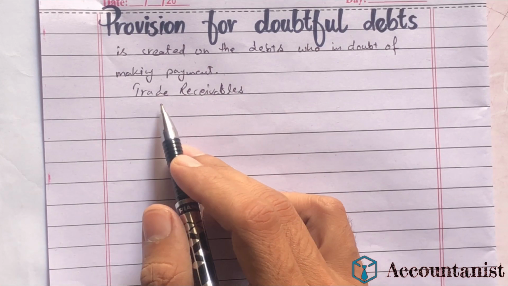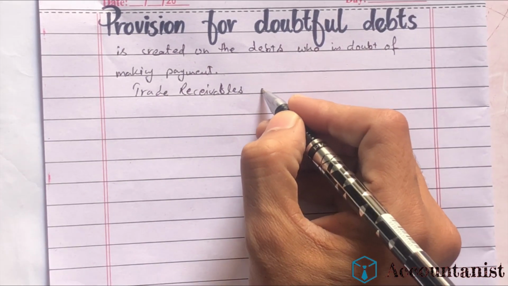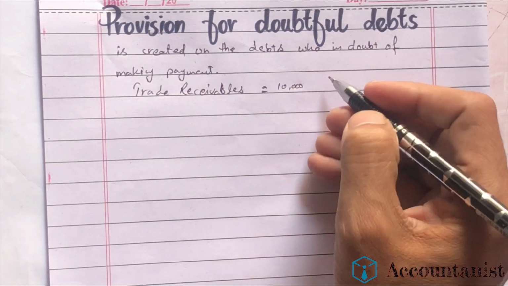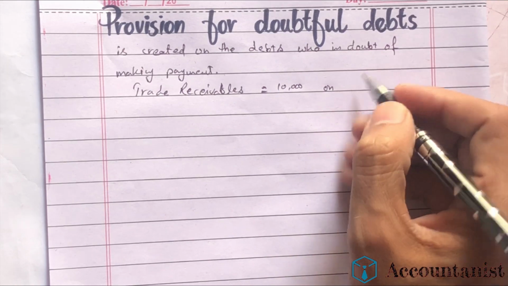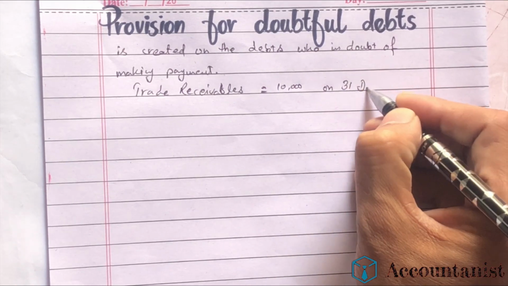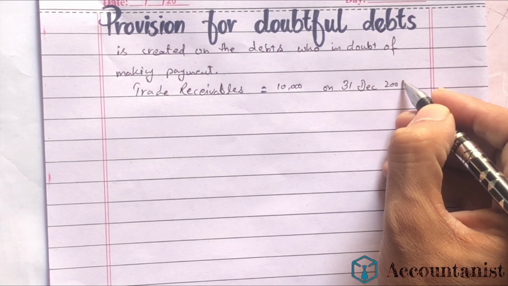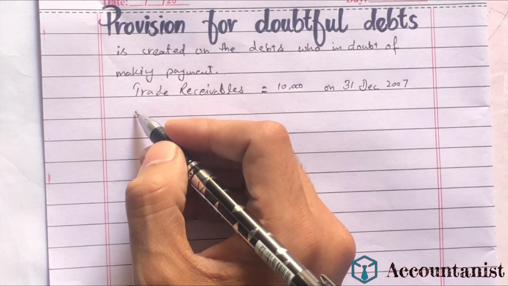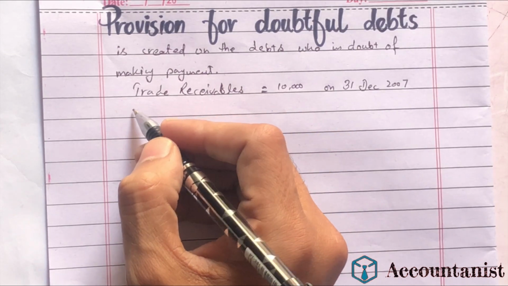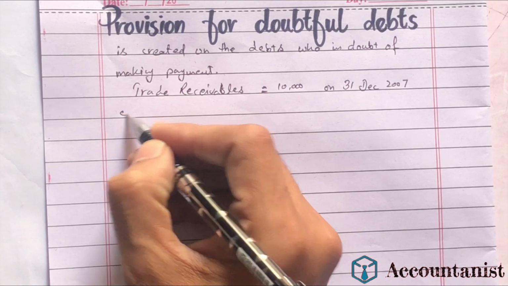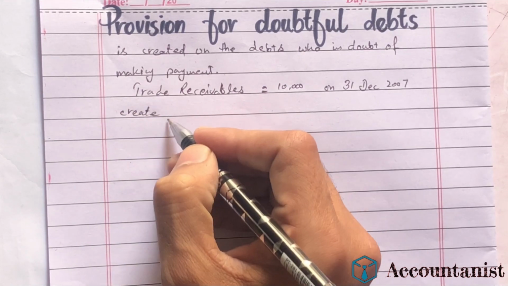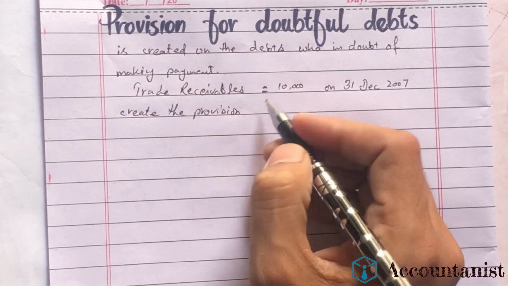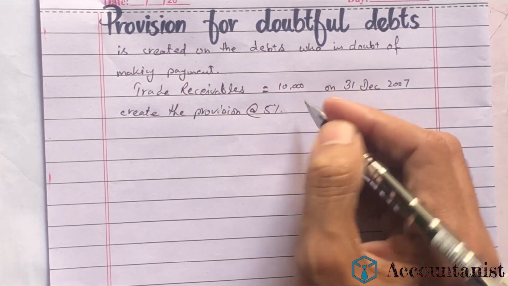So let's have a look. Let's suppose we have trade receivables of 10,000 on 31st of December 2007. The relevant percentage is given, so that will be given to you in the exam. For example, it says create the provision at the rate of 5%.